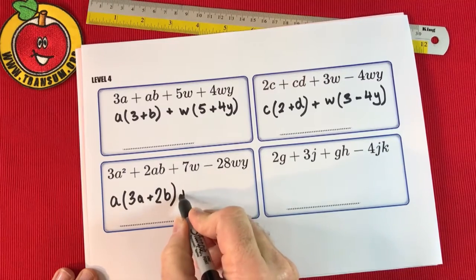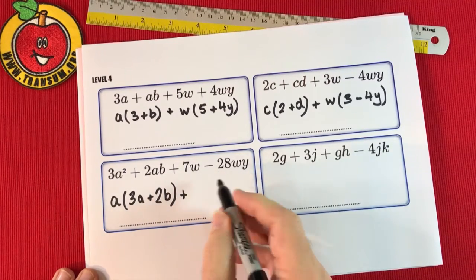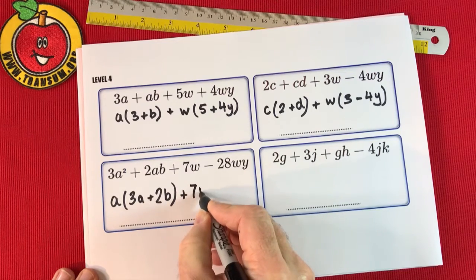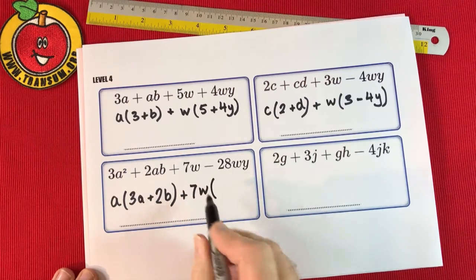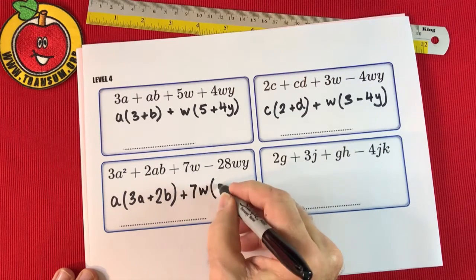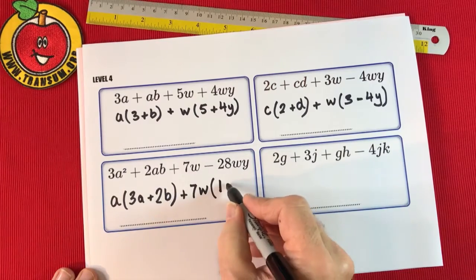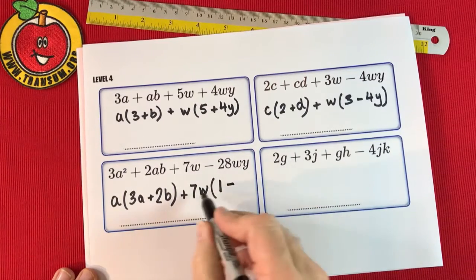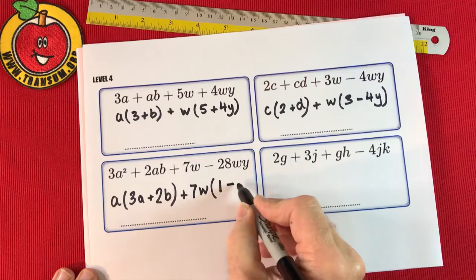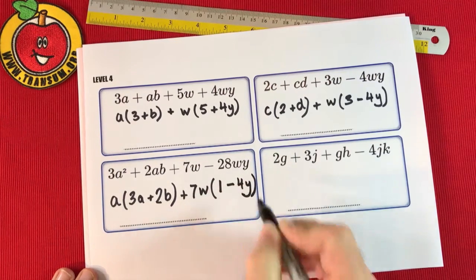And the second two terms have got a common factor of both 7 and w. So if I'm taking out a factor of 7w here, that needs to be multiplied by 1 to get back to where I started. So I'll put a 1 inside the brackets. And then here, 28 divided by 7 is 4. And then I've already got the w, so I just need the y.